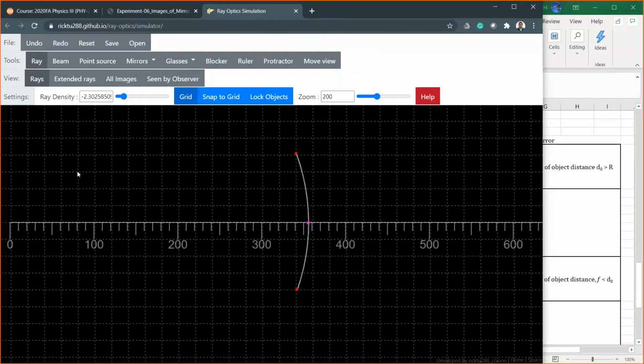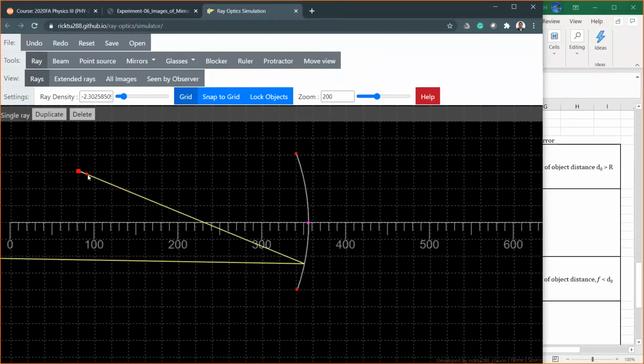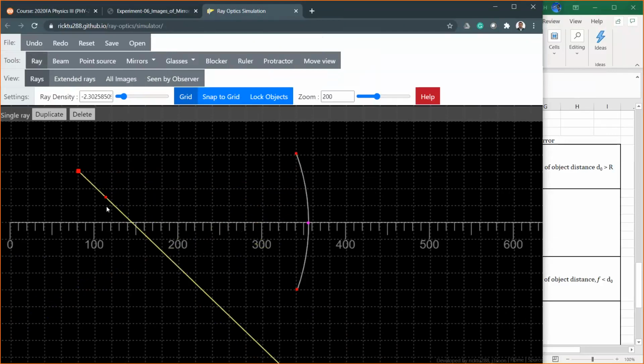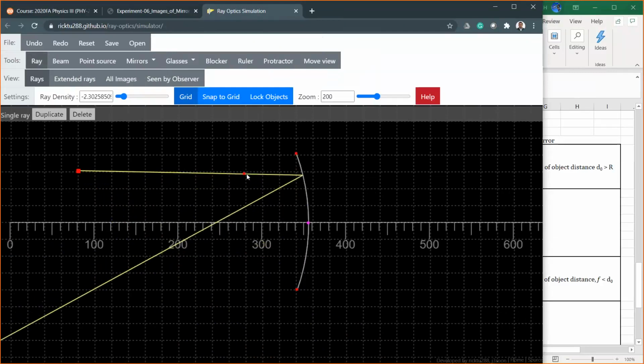I'm going to click on this third point right here, and you can see a ray. One dot remains there, and the other dot I can decide where it should go. I need this to be exactly parallel to the principal axis, so I'm going to adjust until it is parallel, then click the second dot, and it becomes permanent. You can still move this ray anywhere as needed. You can click back here and change it if needed.